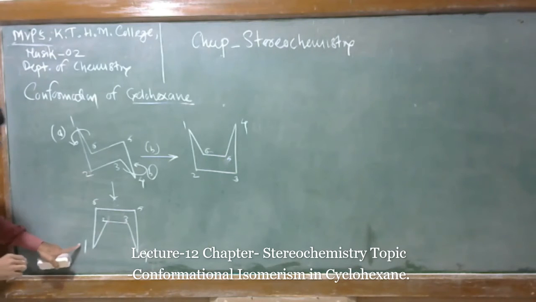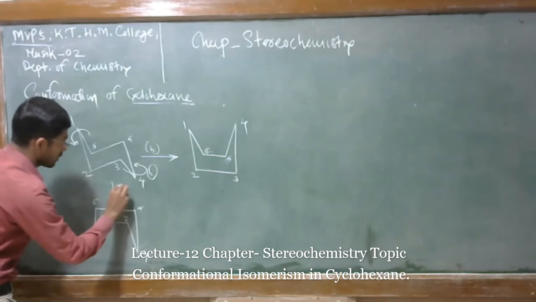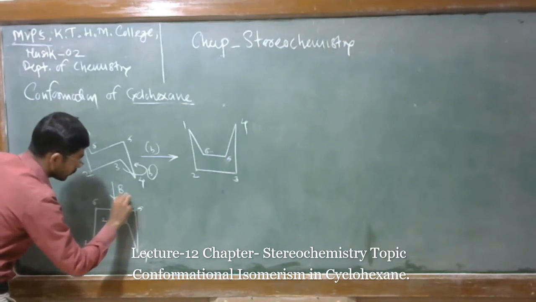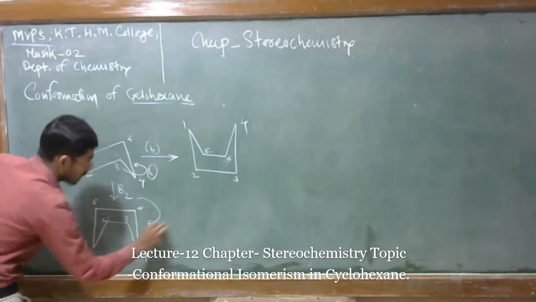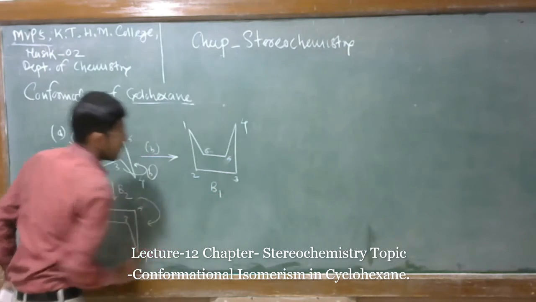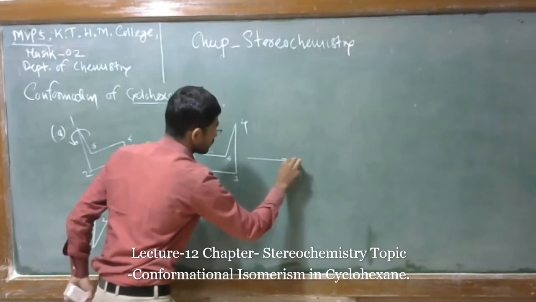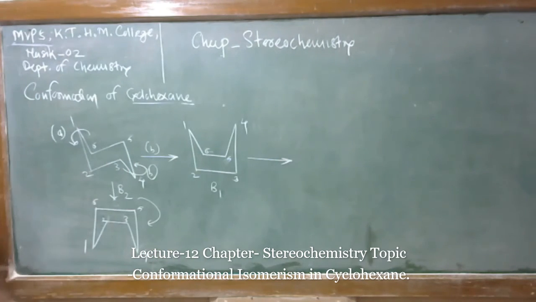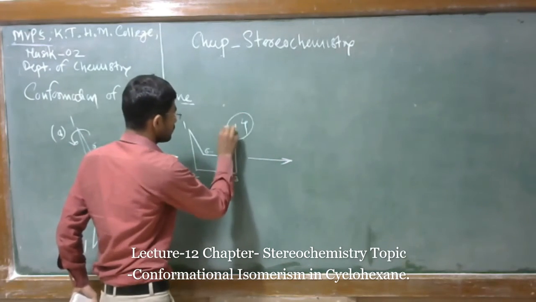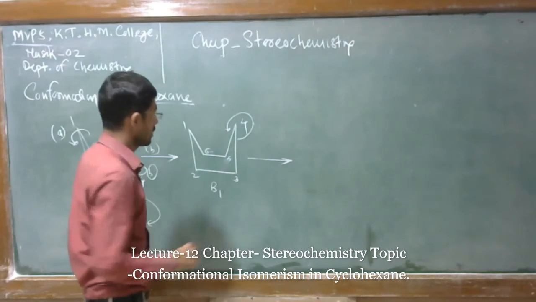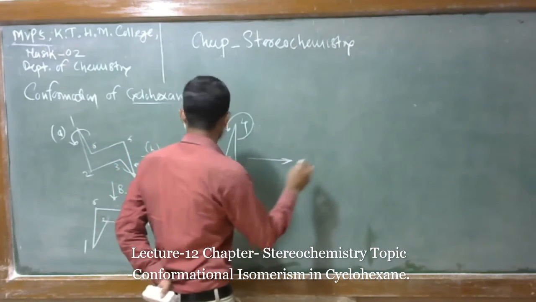So 1 and 4 are below the plane, and we get the second boat form. We can call this B2 and the earlier one B1.